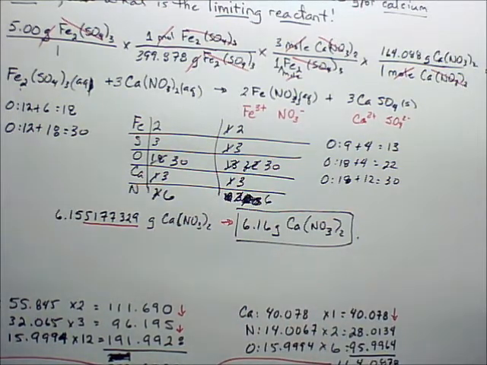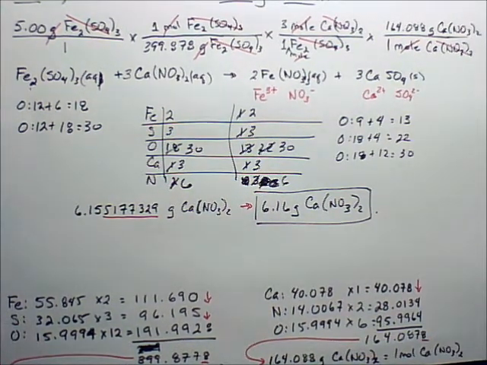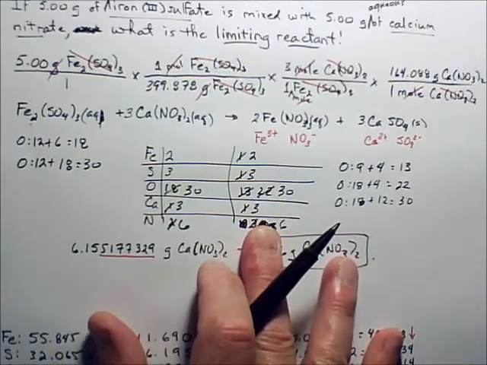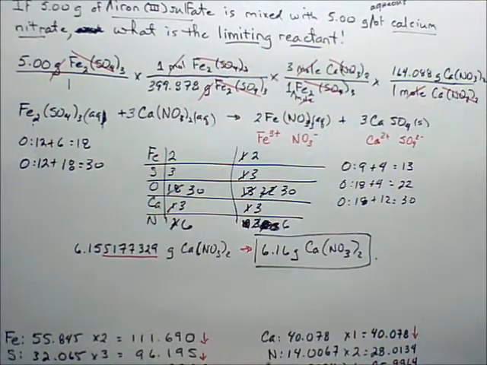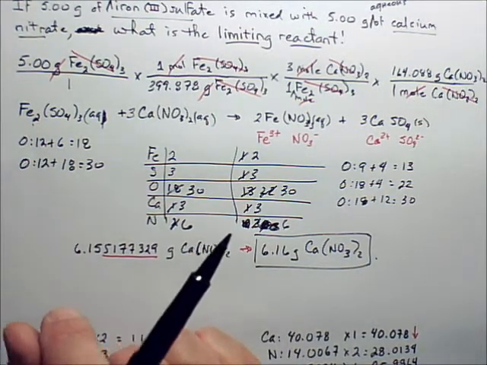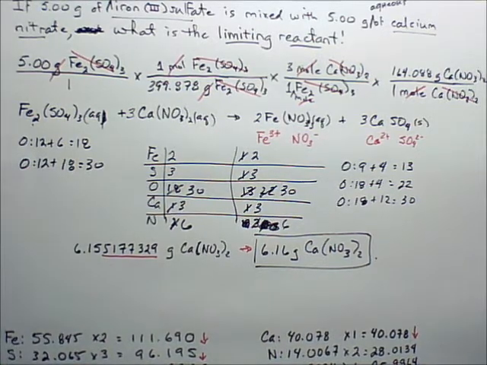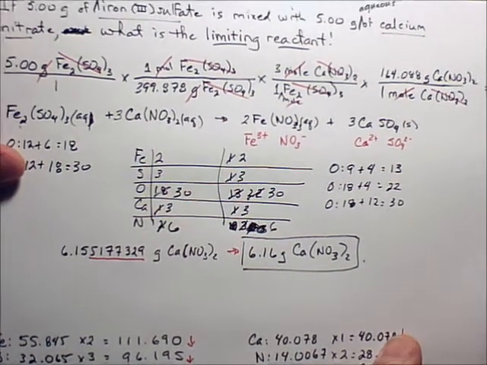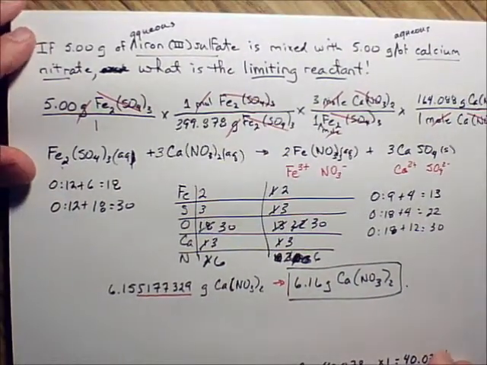Now, that's the answer we're looking for at this stage. It hasn't given us the final answer because we're trying to find the limiting reactant. So this is what you're going to do. Once you've calculated the mass of the other reactant, and it doesn't matter which one you start with, here's the rule you're going to use to figure out what the limiting reactant is. Is everybody ready?